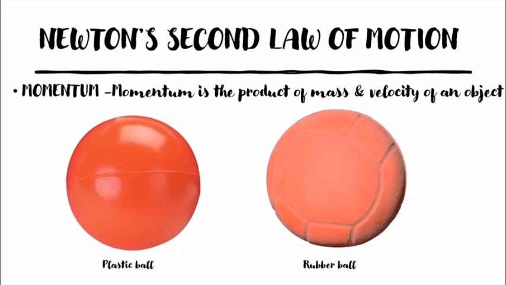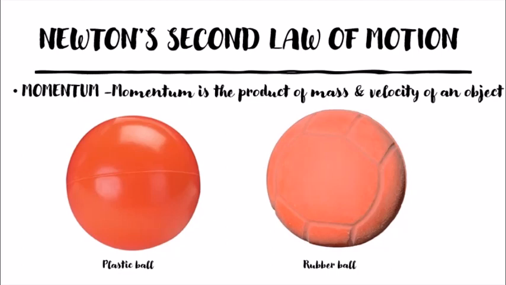Also, ask your friend to throw a ball at a slow speed and then ask the friend to throw the same ball at a greater speed. Which one was easier to catch? Obviously, the slow one. This means that the effect of the force depends on a property related to both mass and velocity. So, momentum is the product of mass and velocity.